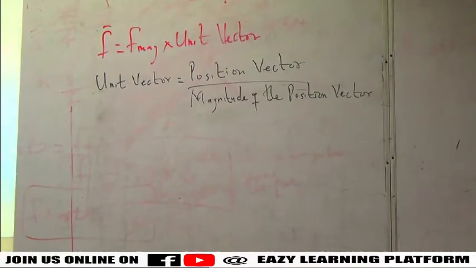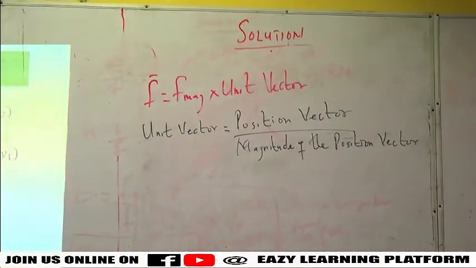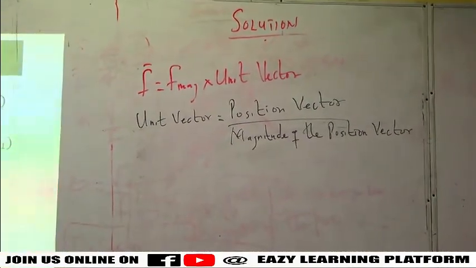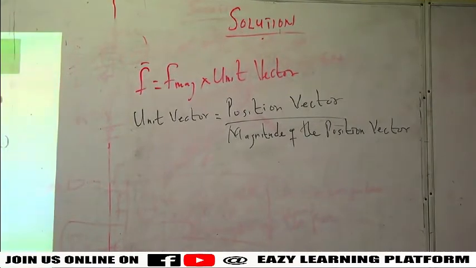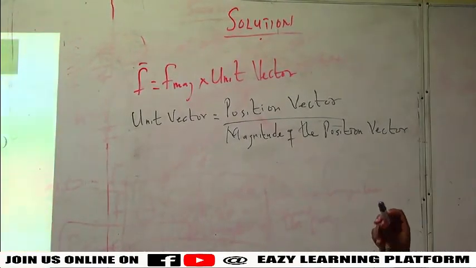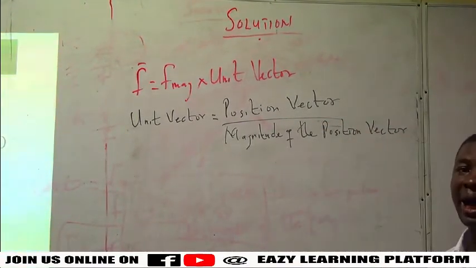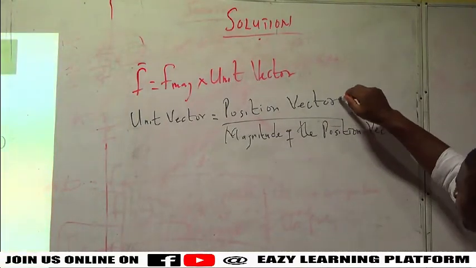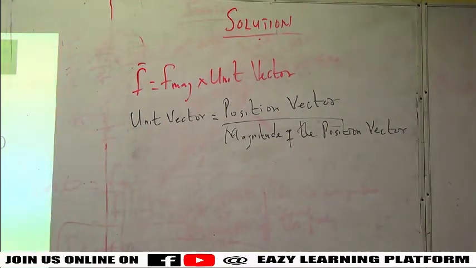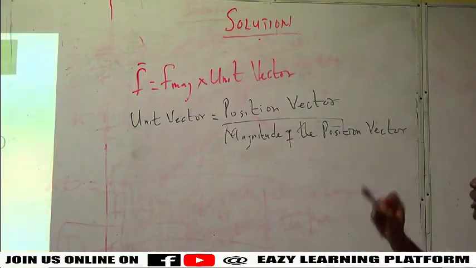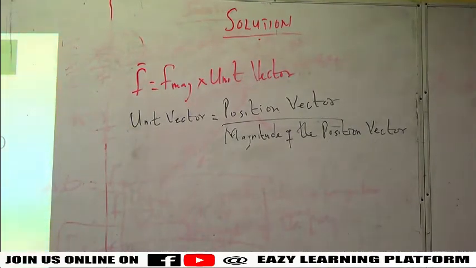So in this formula, you should find your position vector and you should know how to find the magnitude of the position vector.